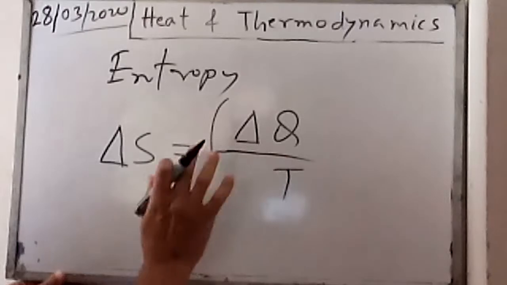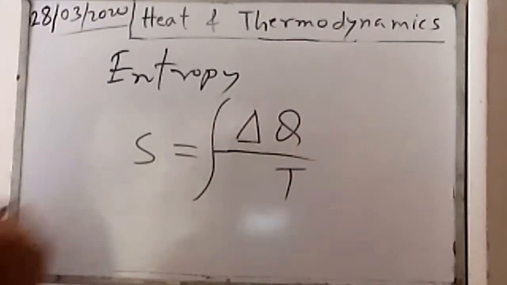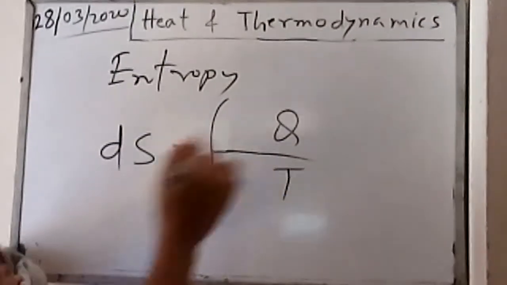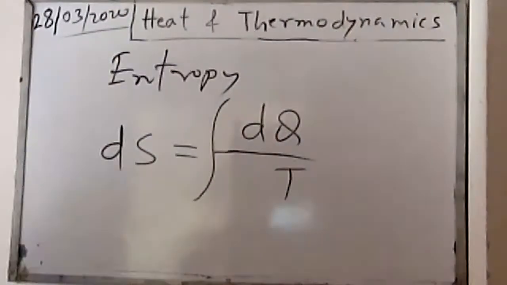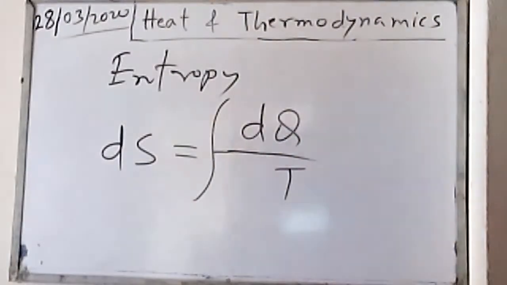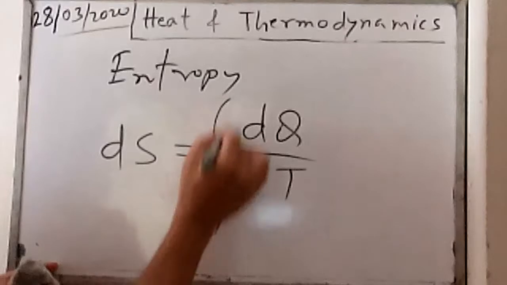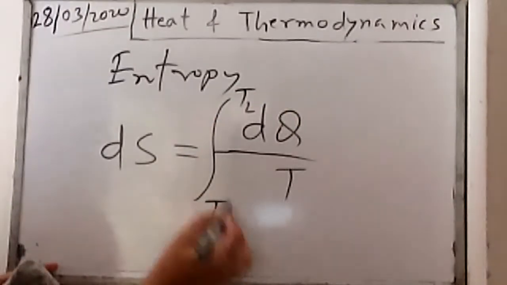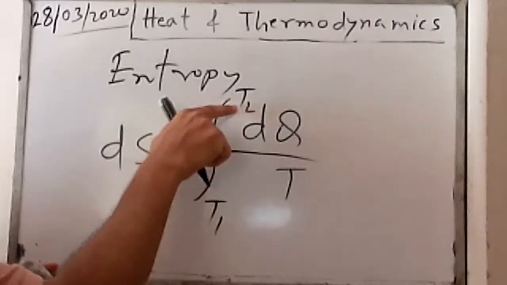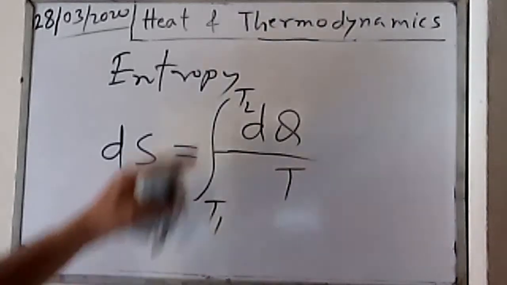We can also write this as dS and dQ. This is a small amount of change, and this is also a small amount of heat energy that changed. Suppose T1 to T2. Suppose T1 means ice temperature, and T2 means water or steam temperature. So there are two temperatures.